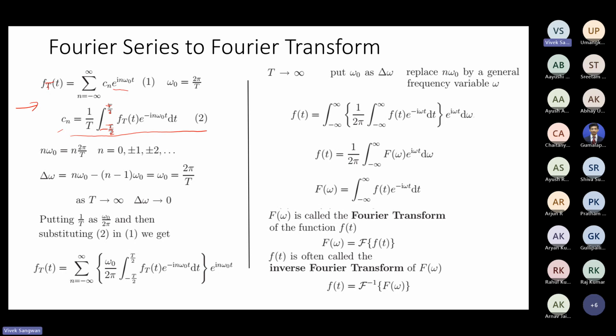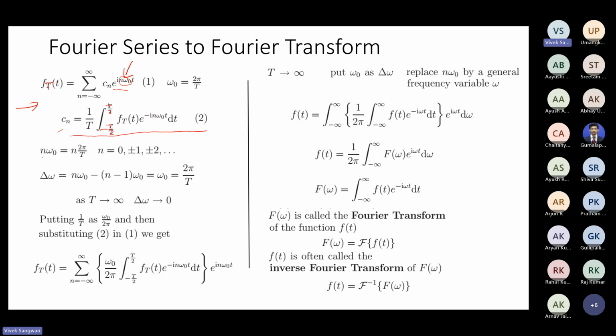Now let's first look at this series of complex exponentials. Each successive complex exponential has a higher frequency than the previous one. Let's compute the difference, the delta omega, between two consecutive frequencies of these complex exponentials.